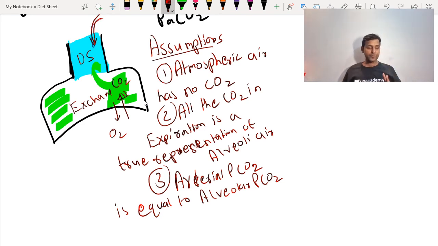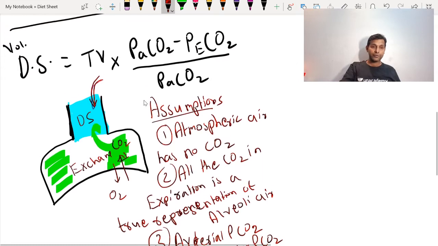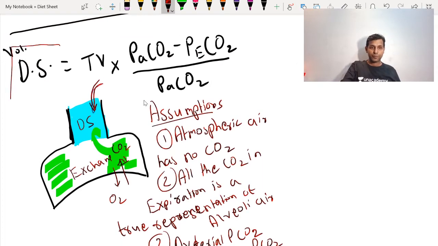And the third assumption which we make is that any arterial blood PCO2 is similar to the alveolar PCO2. So arterial PCO2 is similar to alveolar PCO2. Based on these three assumptions, we are going to calculate dead space by this formula.